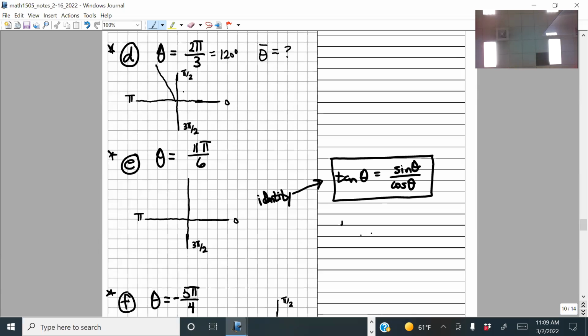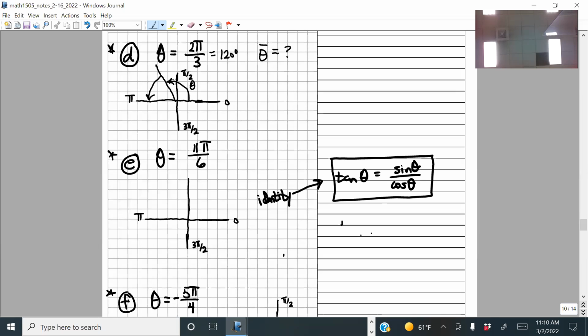So that's the original angle theta, but we want to find theta bar. To find theta bar, you go between the terminal side and the x-axis, always. So there is what theta bar is in this picture.